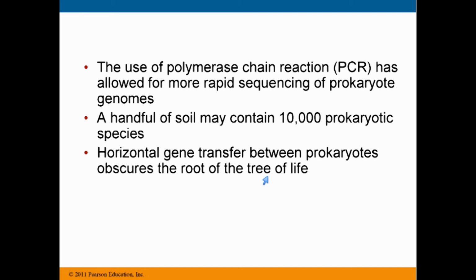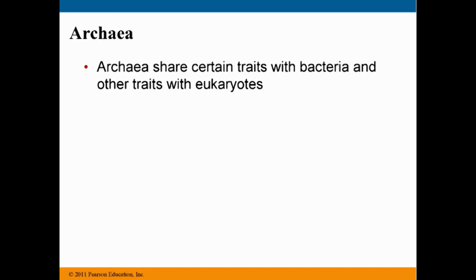The fact that horizontal gene transfer exists and has existed in essence since the very beginning makes that very base, the root, if you will, of the tree of life, blurry. So we don't know exactly what that common ancestor was back then, because it's very difficult to trace who came from what.